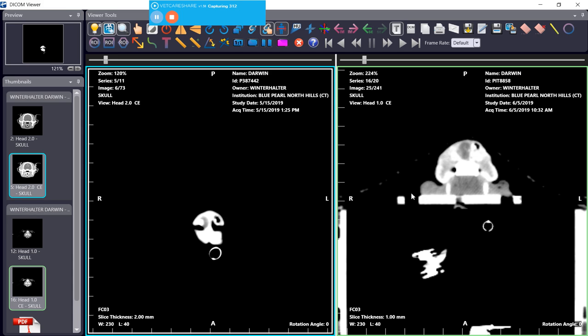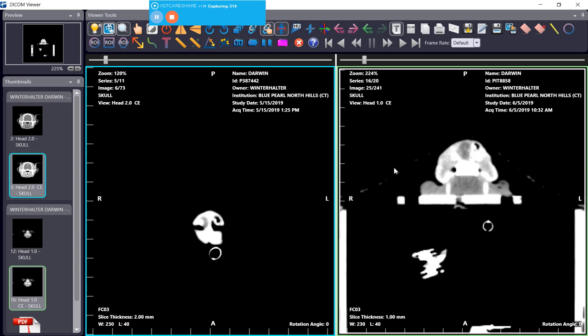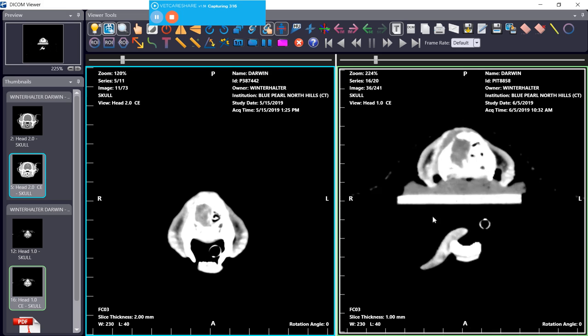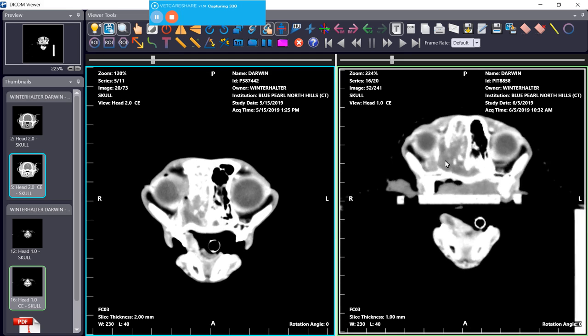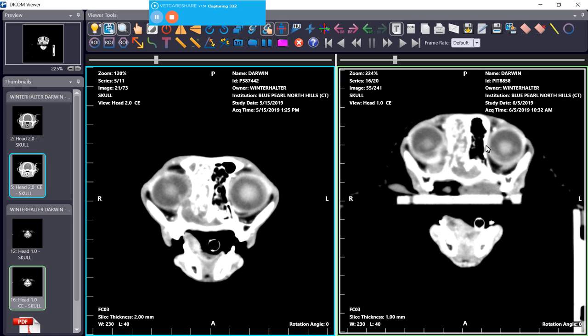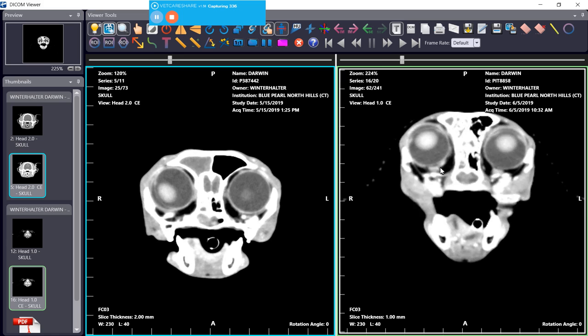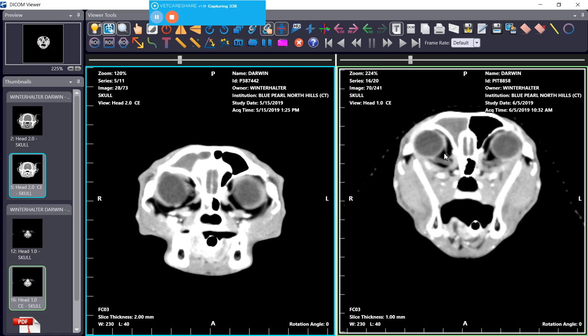Just to cover again, cats are pretty resilient to side effects of the hair and everything on the outside. So although he'll get dose out here, I would anticipate we would have hair loss. We may have mild inflammation, but usually cats will get a little bit of scale around there. When it comes to what eye would be in the radiation field, the left eye is probably going to be protected. The right eye and optic nerve: the optic nerve is actually back here a little further where it runs down and runs into the brain.